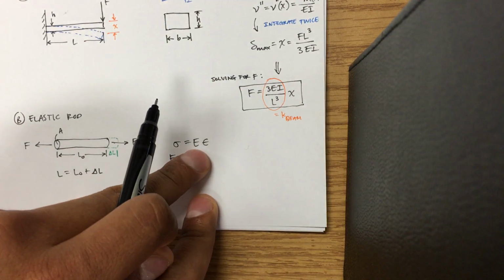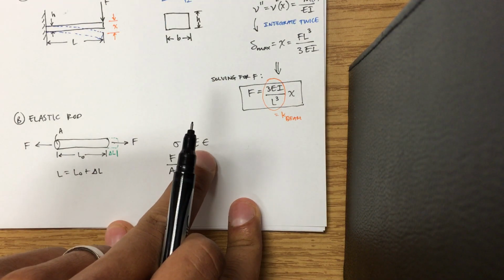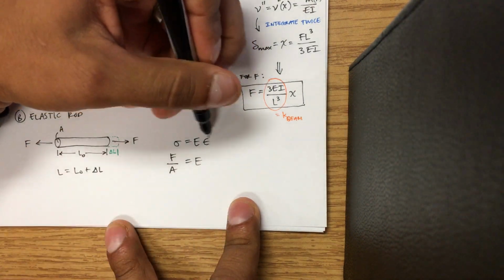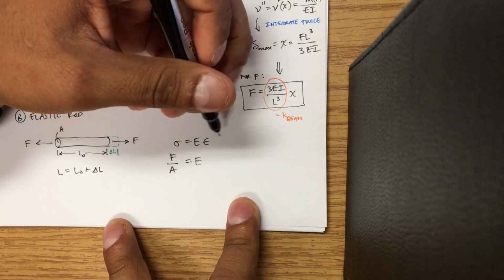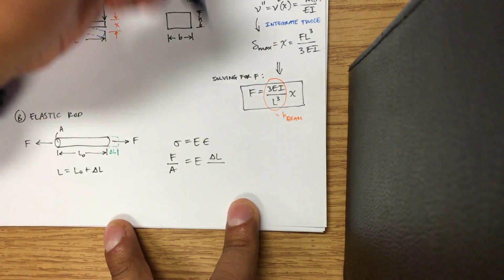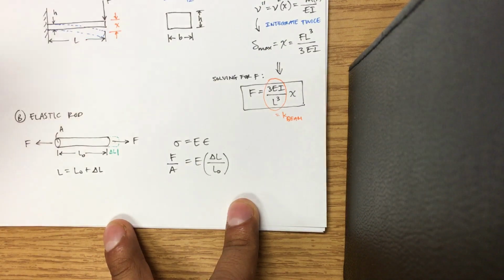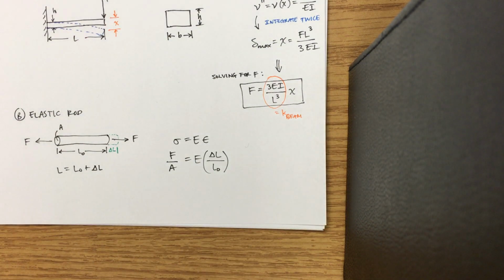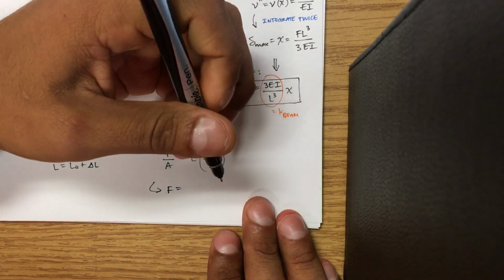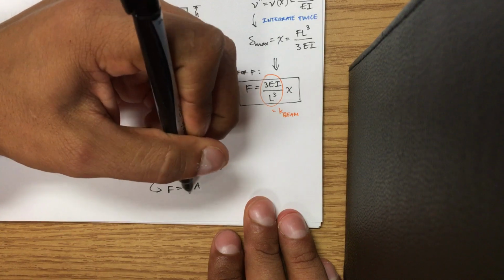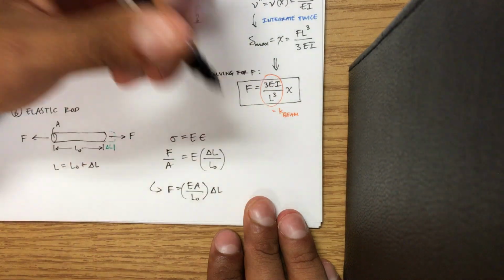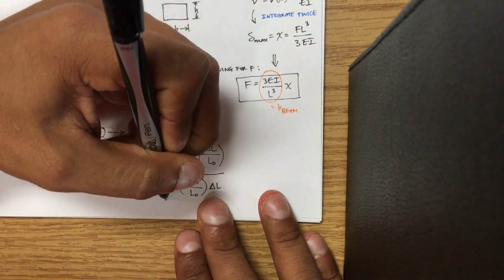And as long as we can agree that the material is homogeneous, then we can define this normal strain by calculating it as the deformation distance, in this case delta L, over the initial length L naught. Finally, if we solve for force F, then we end up with E times A over L naught, times delta L. So, box this in.